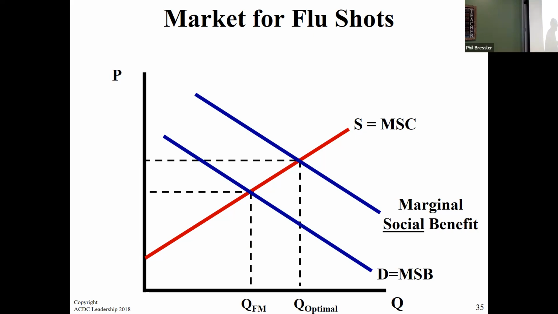When I'm shifting, I always go from private to social benefit. When I'm staying by myself, this could be marginal social cost or private cost. Marginal social benefit is the private benefit plus the external benefit.